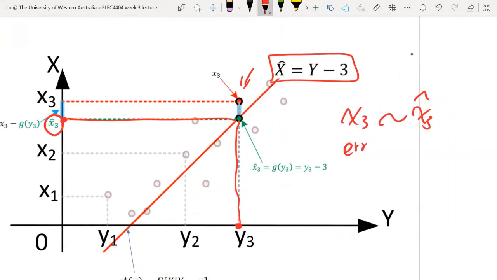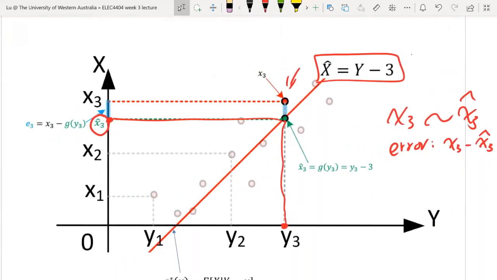The estimation error is x3 minus x3 hat. In the graph, this x3 minus x3 hat is just this small blue segment vertically between x3 and x3 hat.